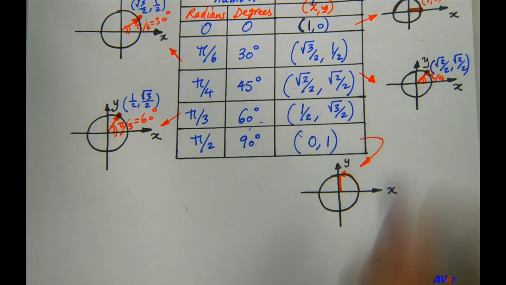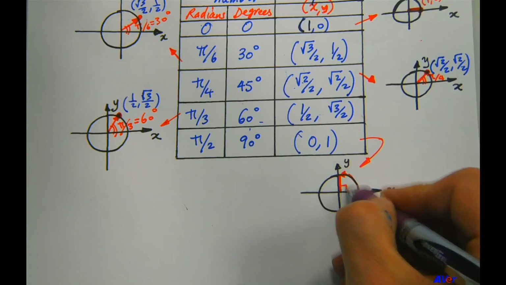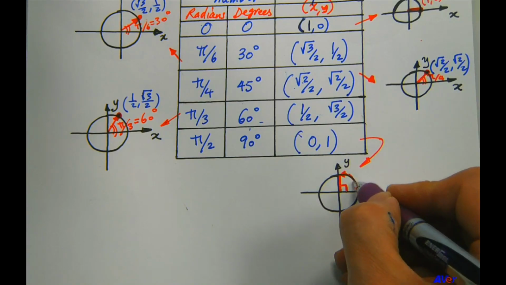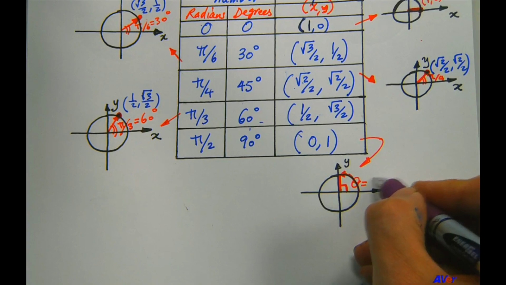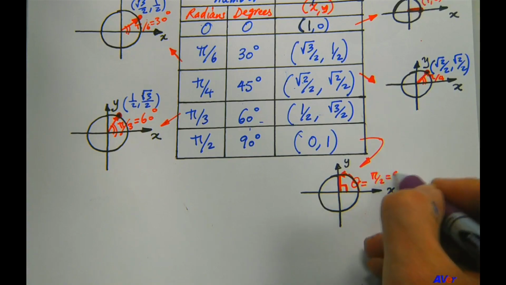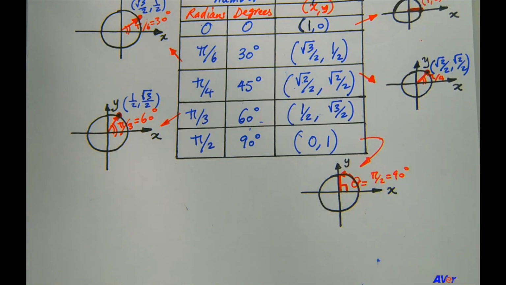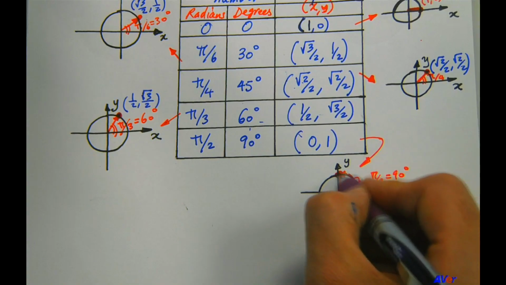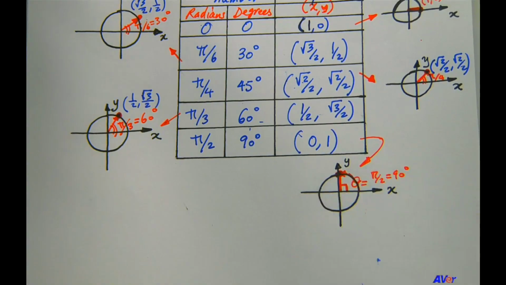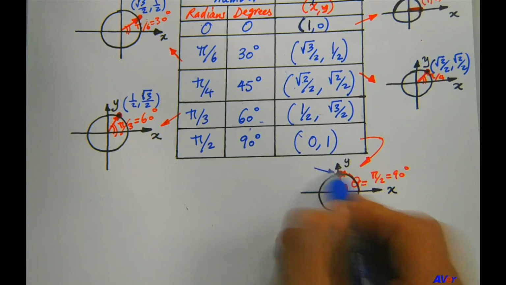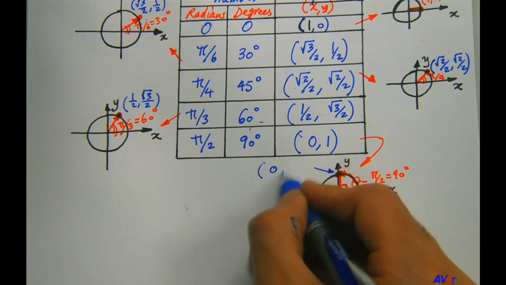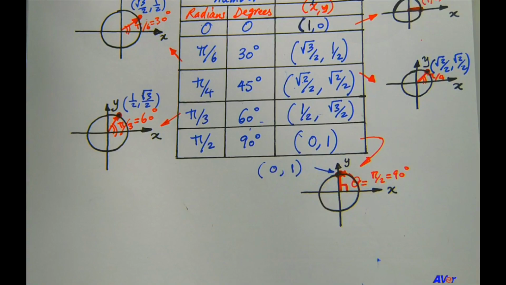They're too small, so I can't put too much detail on these, but this is basically the theta, which is equal to pi over 2 or 90 degrees. Okay, and the terminal point is right there on the unit circle. The coordinates of that point are 0, 1, right? Like that. Okay.